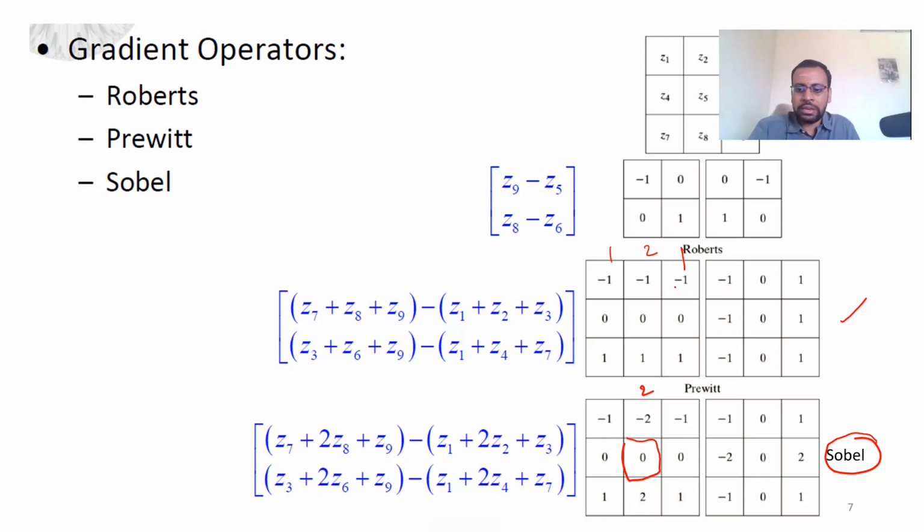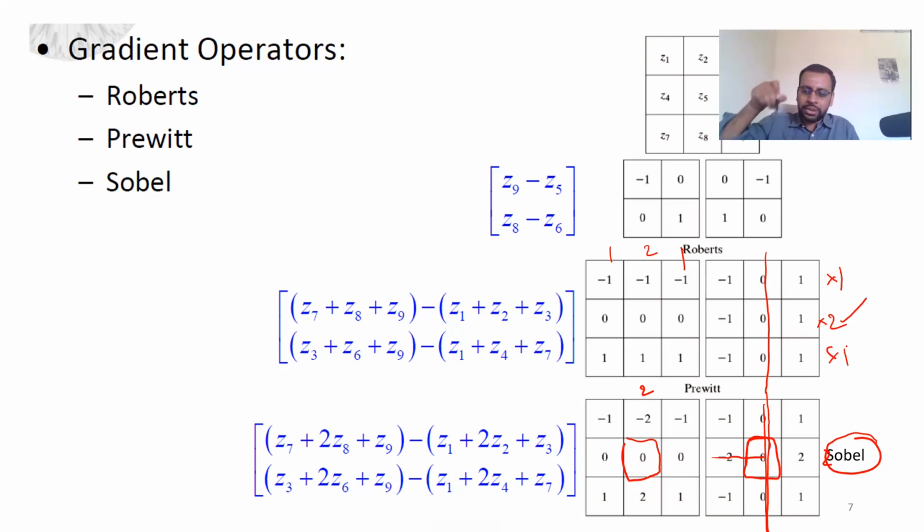And similarly for a vertical edge, for the derivative computed here, you multiply here with 2 and this with 1 and this with 1. Multiplying with 1 means you retain the same. That's what will give you a Sobel.